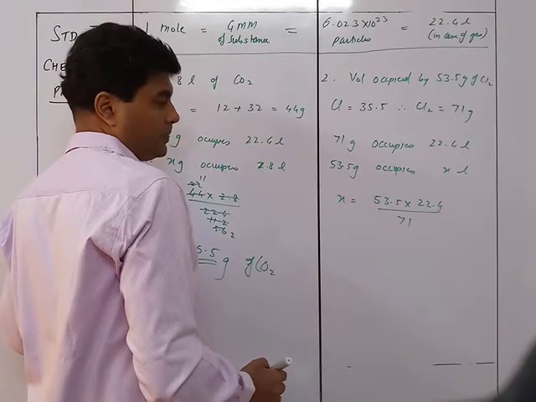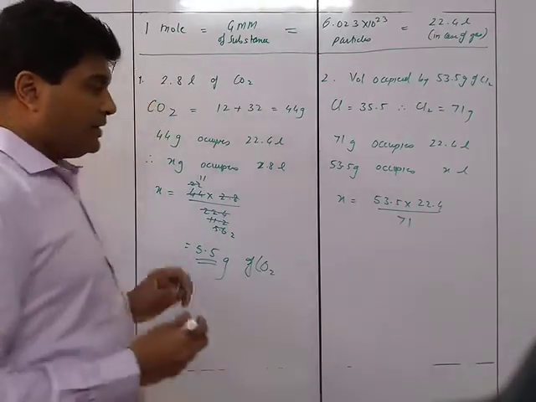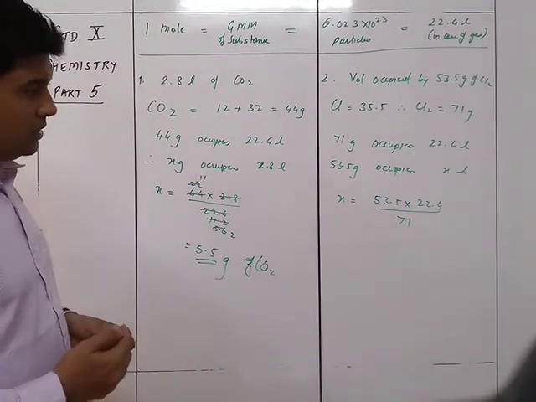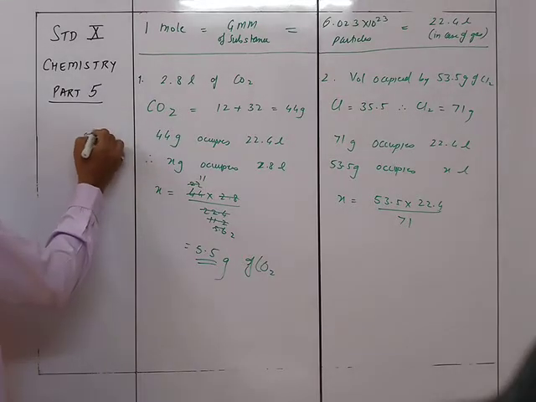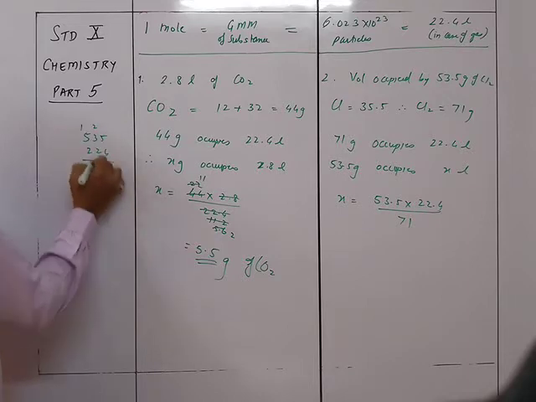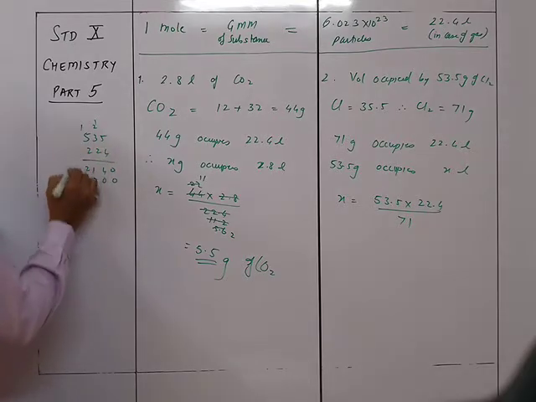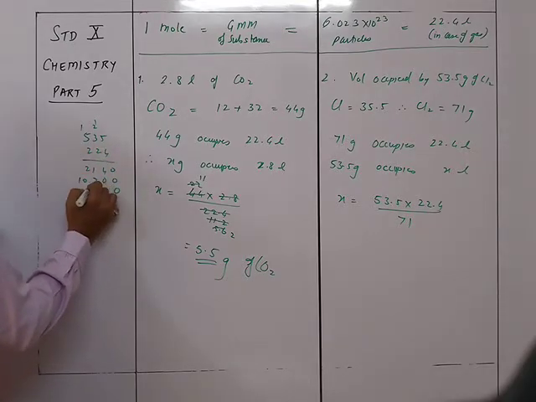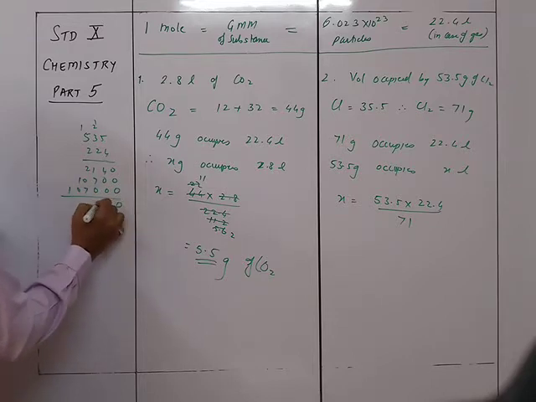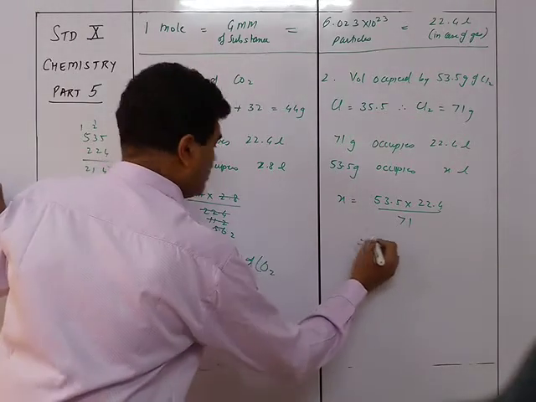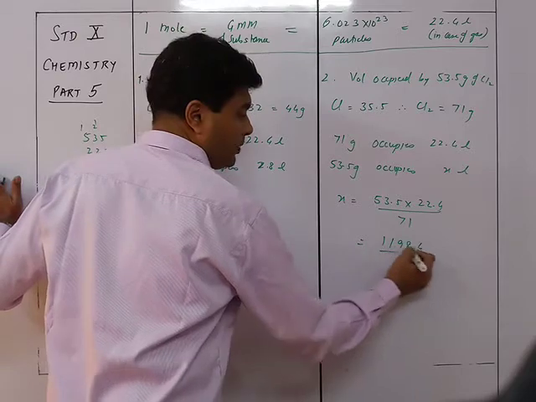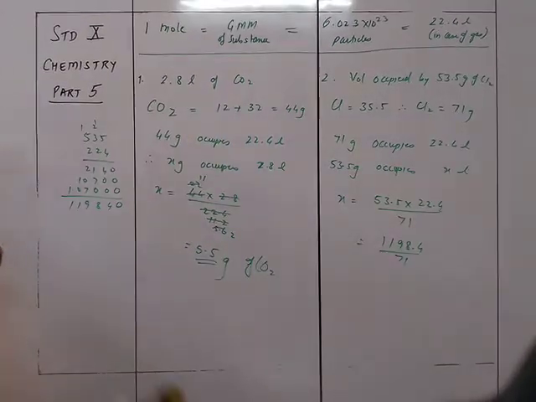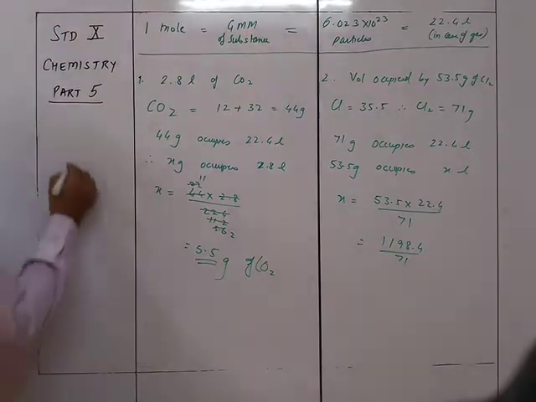We have no other option but to multiply 535 into 224, which gives 1198.4 upon 71. That's a tough division again.